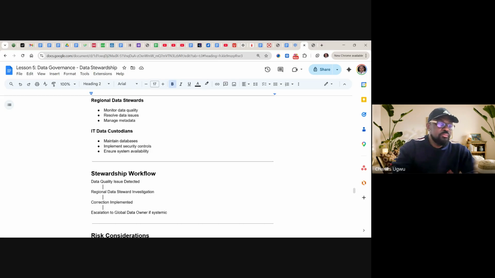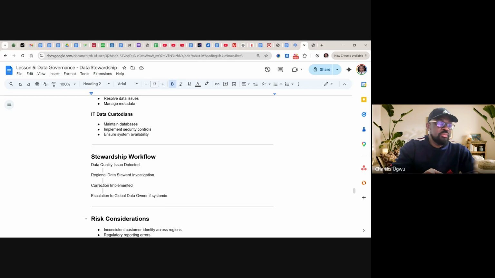And then the stewardship workflow. The workflow starts from a data quality issue detected. When there is such a situation, it has to be investigated by the regional data steward.